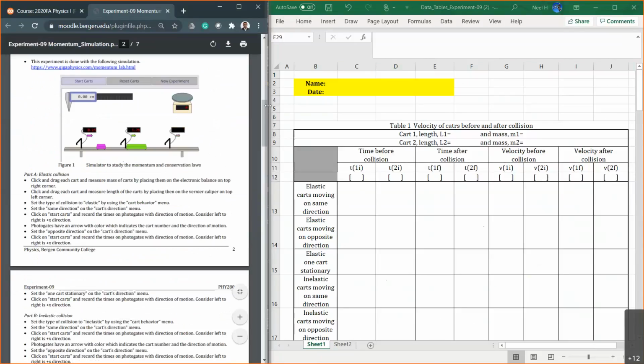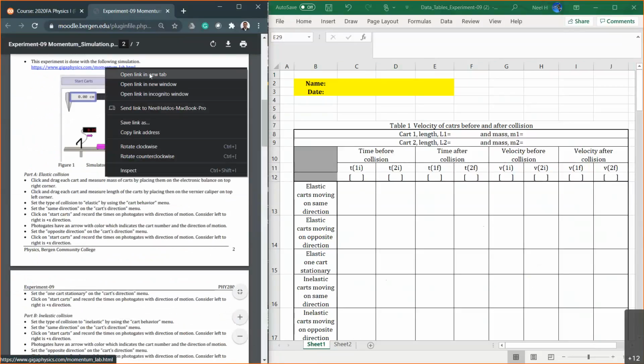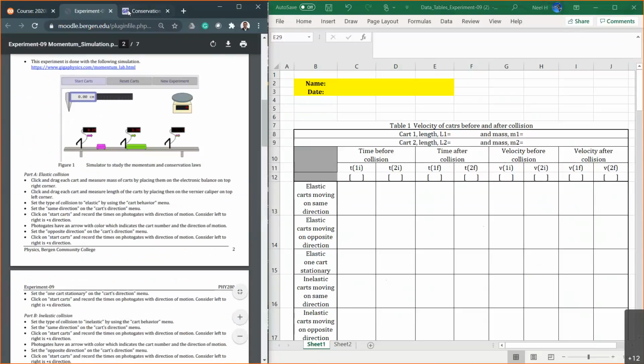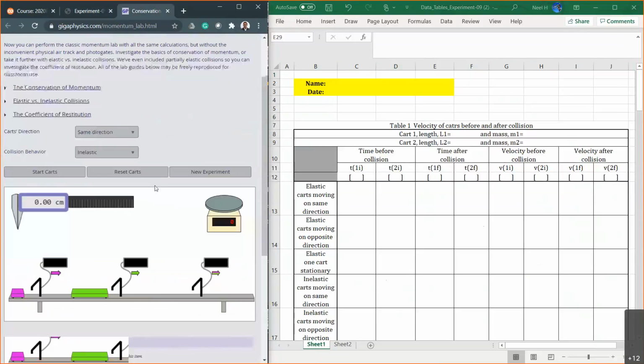You can click on the simulator. That will bring you to the simulator page, a very simple simulator. It should look like this.